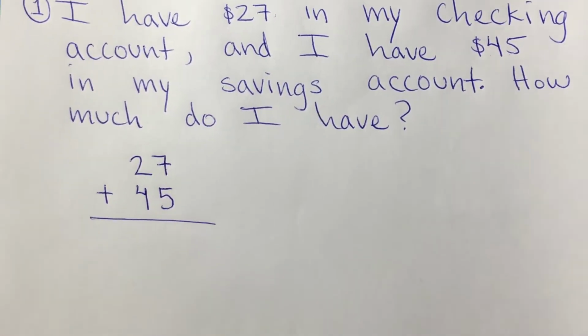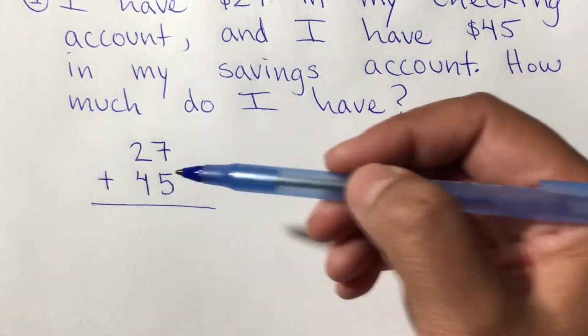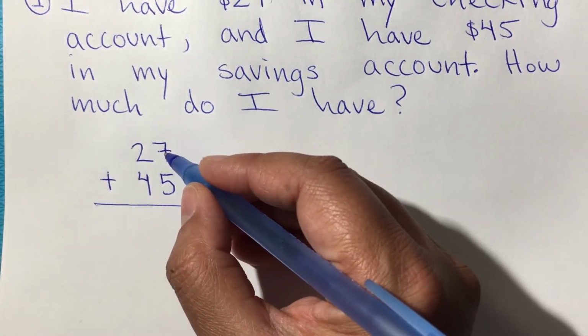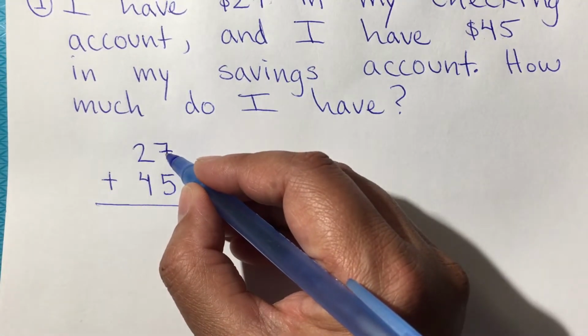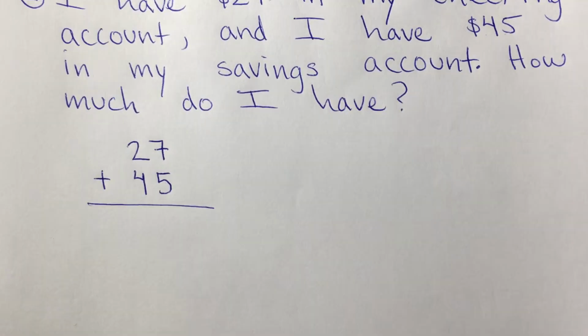I align them like that, and I always start with the ones place. Okay, that's how I start to align them. So now in here I have 7 in the ones place and 5 in the ones place. 7 plus 5. I'm going to do it directly because I know that some of you already learned it before and it's just review.